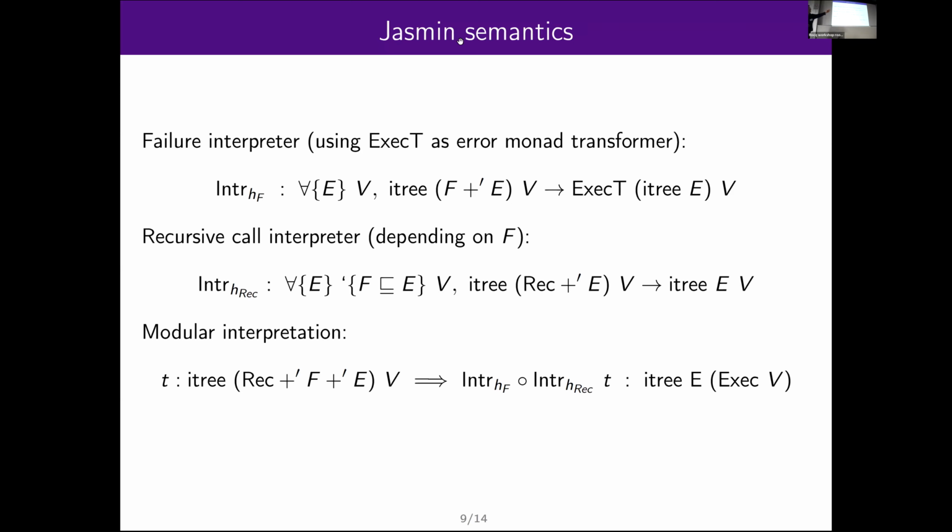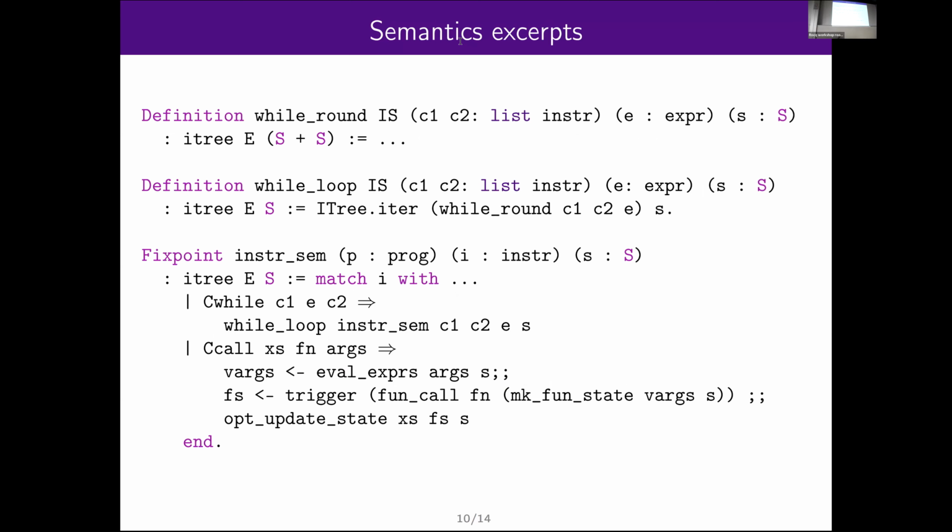Actually, it's not an option; it's a specific data type, but comparable to an option. And an interpreter, a recursive interpreter for function calls. You get the modular interpretation by composing together the two interpreters. And there could be more.